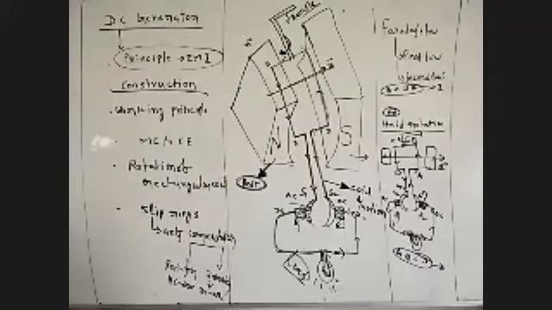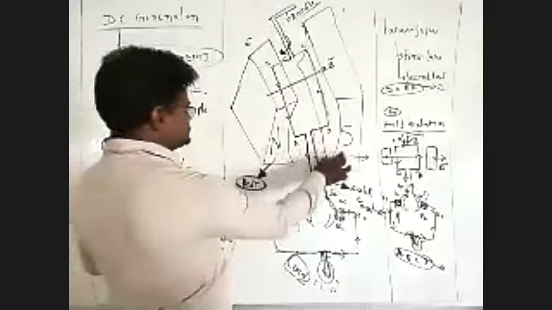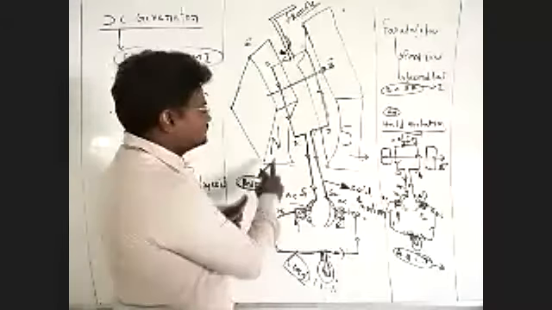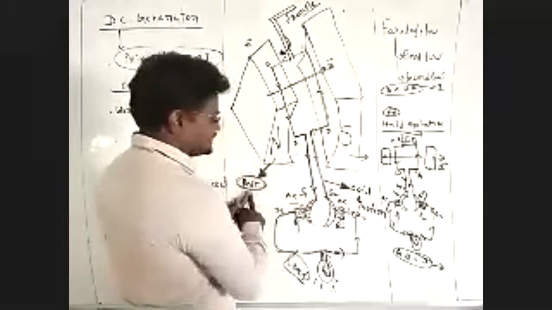Now, simply, this is the north pole and this is the south pole. The north and south poles are at rest. The armature rotates, and the slip rings also rotate.